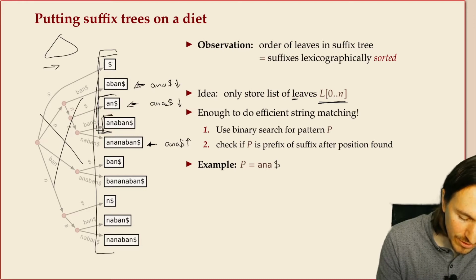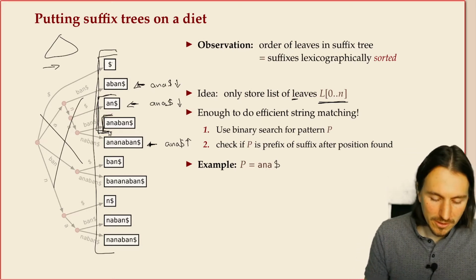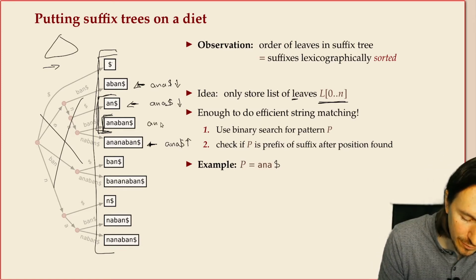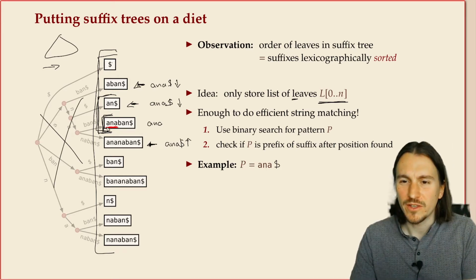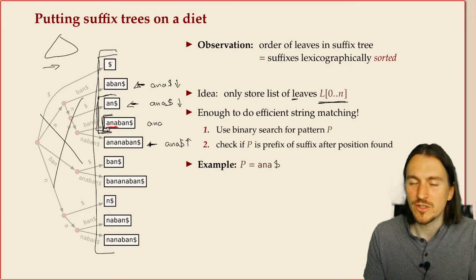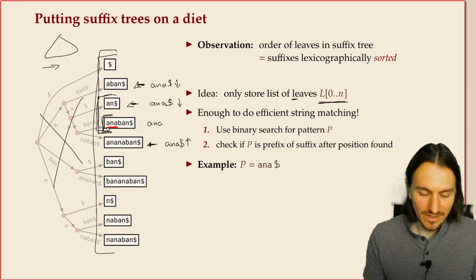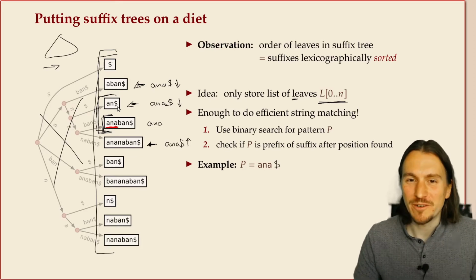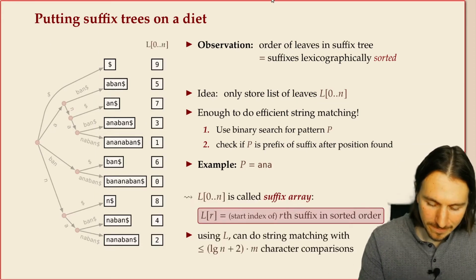And then we're left with this single position. And now what we do is just check if Anna is a prefix of the suffix at this position. And if that is the case, then we have an occurrence of the pattern. And if not, we don't have an occurrence of the pattern. And so with a simple binary search, we can solve the string matching problem.